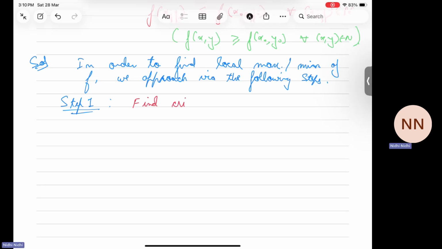So what are critical points when it comes to functions of several variables? The points where all the partial derivatives are zero simultaneously.